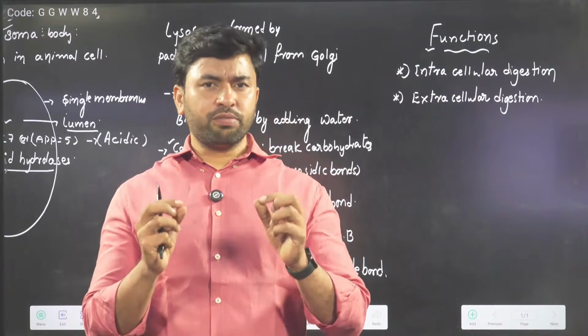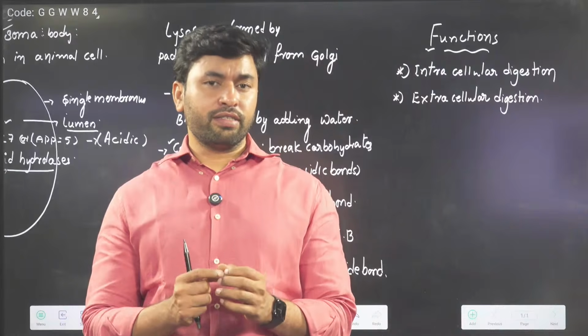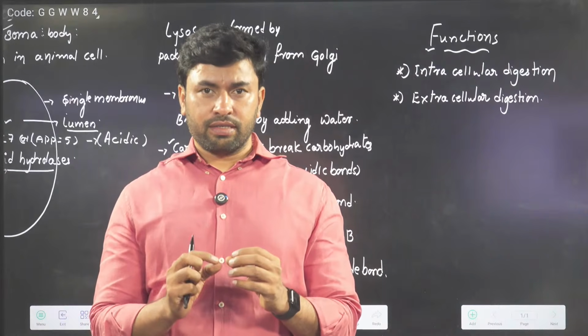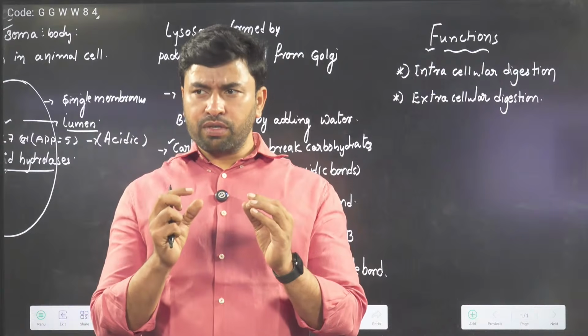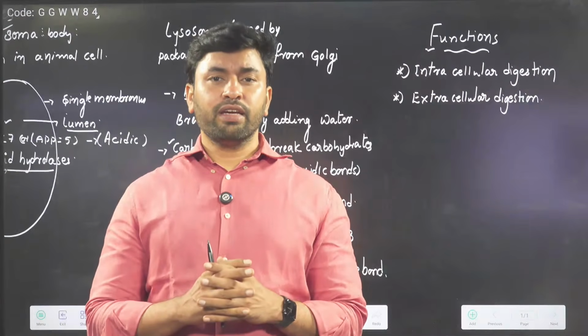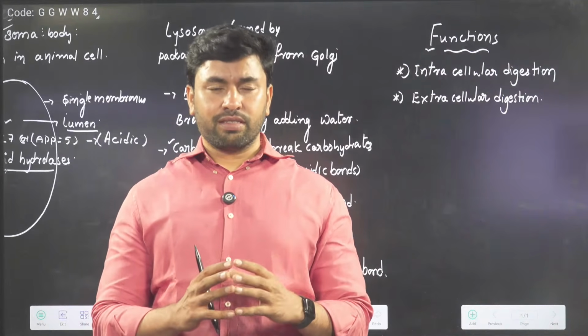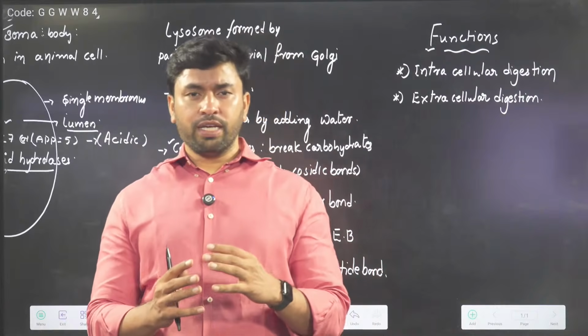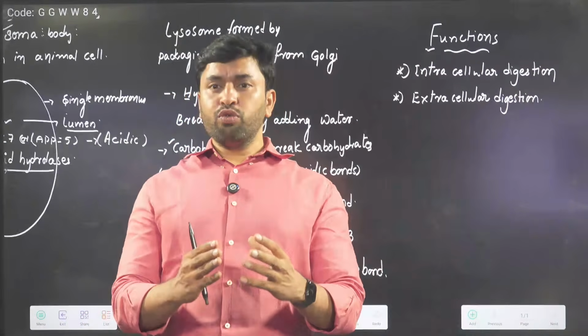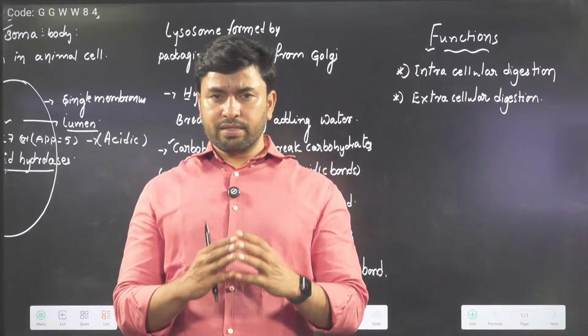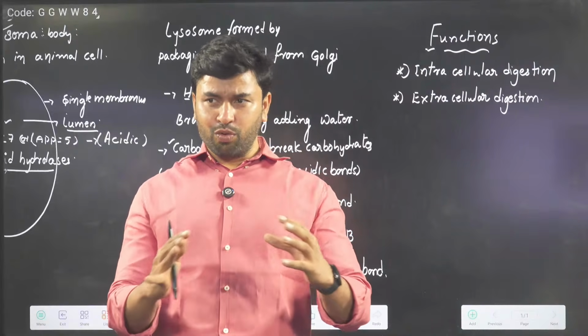Bone formation is by a variety of cell known as osteoblast. Bone resorption, that means removal of excess amount of bone, is by osteoclast. Both are opposite. One is for making the bone, another is for removal of the bone. Clast means lysis or removal.